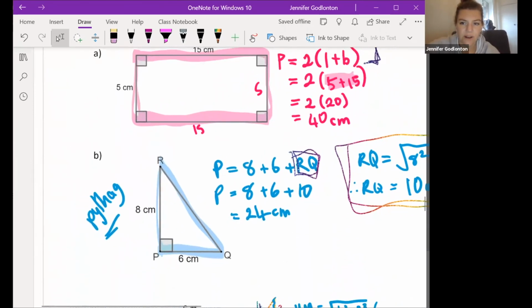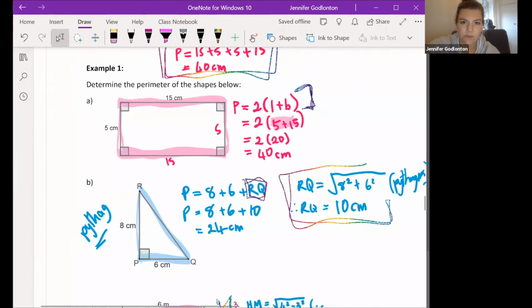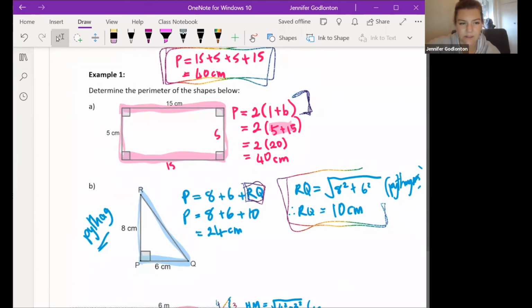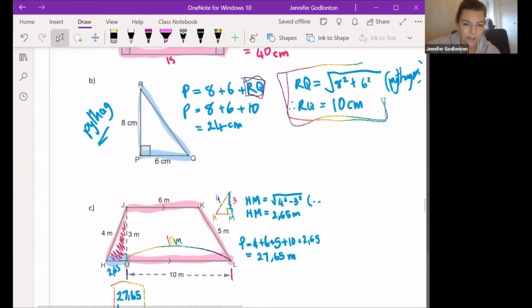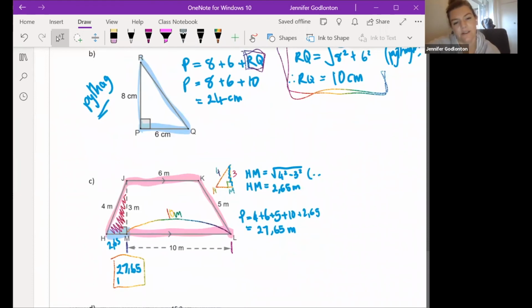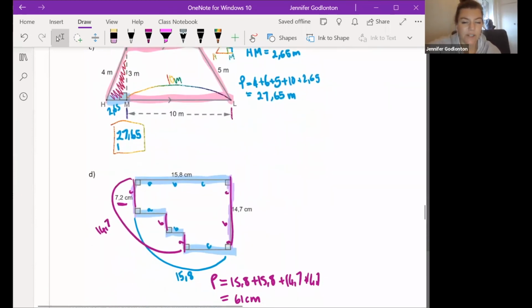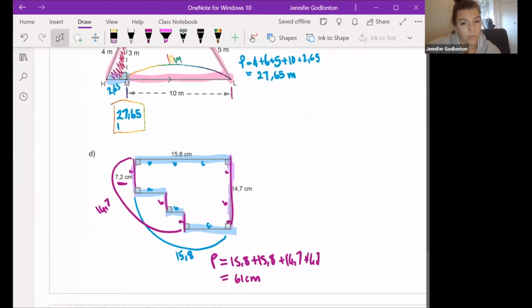Moved into a triangle where we needed to use Pythagoras. Moved into a trapezium where we also needed to use Pythagoras. Then did a question which looked harder than it was.